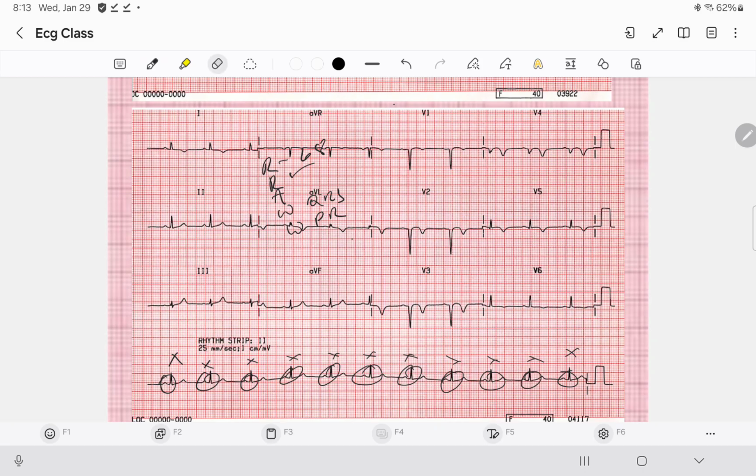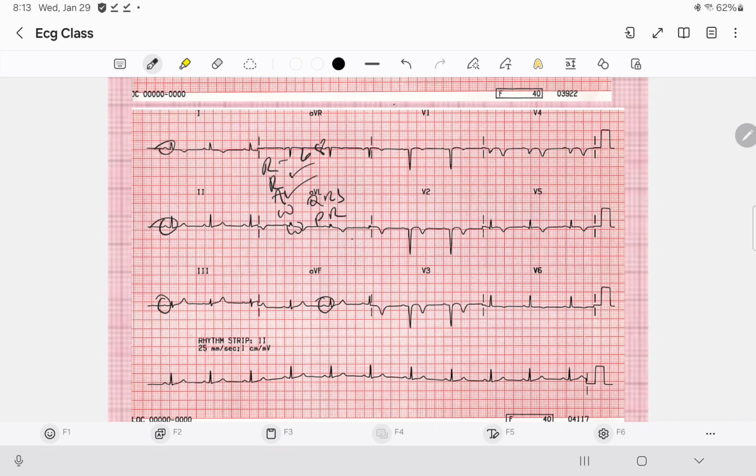Then we're going to look at the P wave axis. So we're looking to see if there are upright P waves in 1, 2, 3, and AVF. Lead 1, all right, good. Lead 2, good. Lead 3, they're tiny but they're there. And lead AVF, great. All right, that's satisfied.